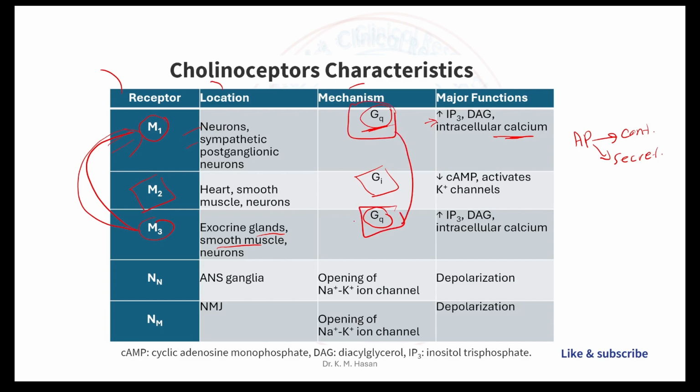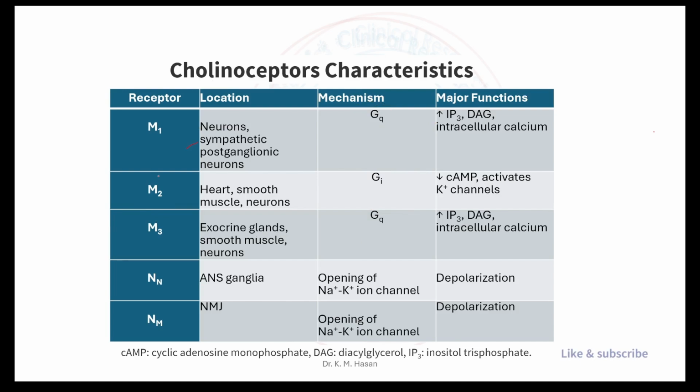Okay, regarding M2 receptor. M2 receptor works on the Gi protein, activates Gi protein, and we know that Gi protein leads to an inhibitory effect.